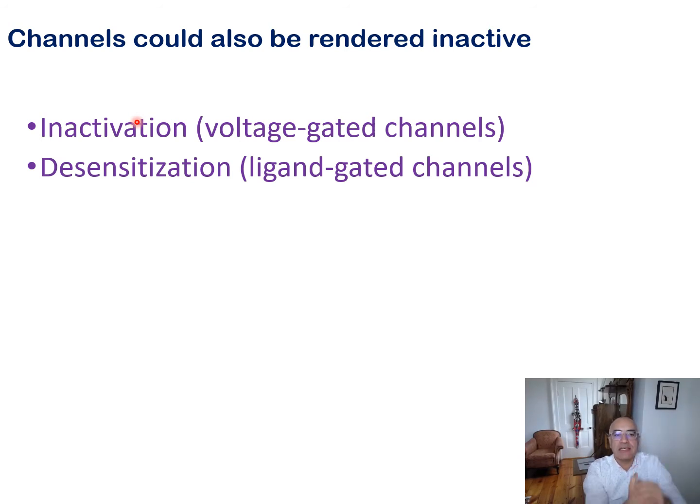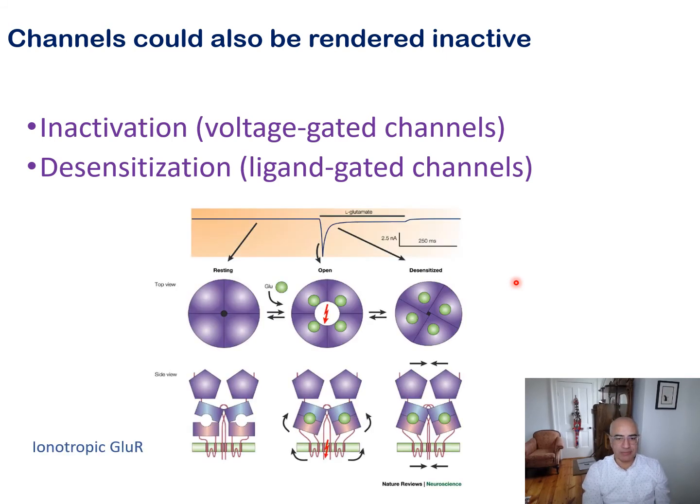This process is known as inactivation, and as we'll see, is an essential thing when we discuss action potentials. Ligand-gated channels don't inactivate, but when they open with a ligand, after a while, even though the ligand is still bound, the channel pore closes, and that is known as desensitization, and that happens with many, if not most, neurotransmitter receptors, and again, we'll see that when we talk about neurotransmitter receptors.